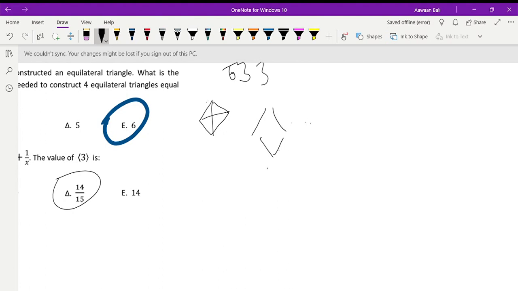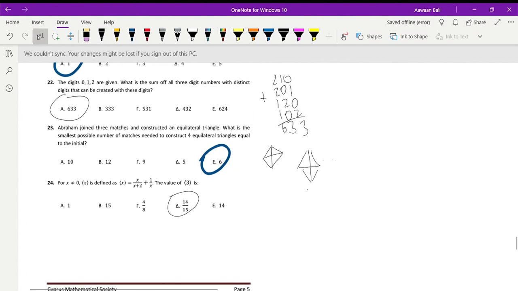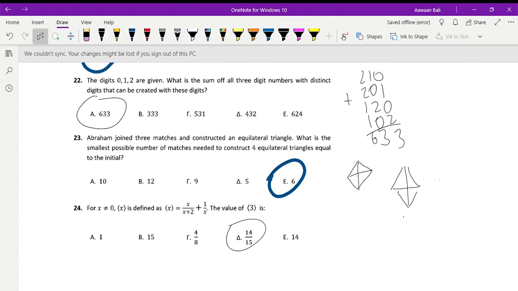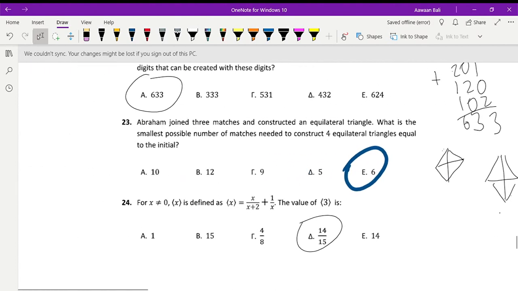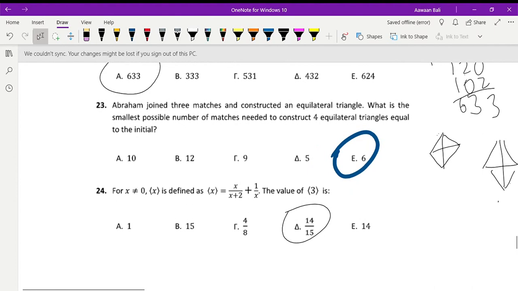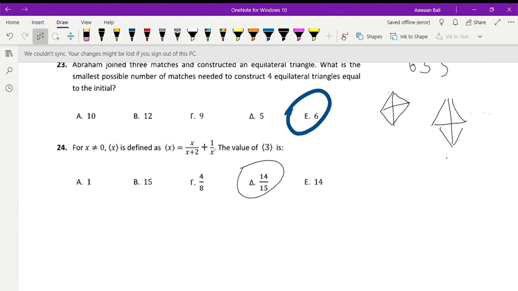Then you can basically put 1 match here and 1 match here. So 1 2 3 4 5 6 matches are possible. Or well, this is the only way basically to get 6 matches. You can't get less than that. 5 is basically impossible.